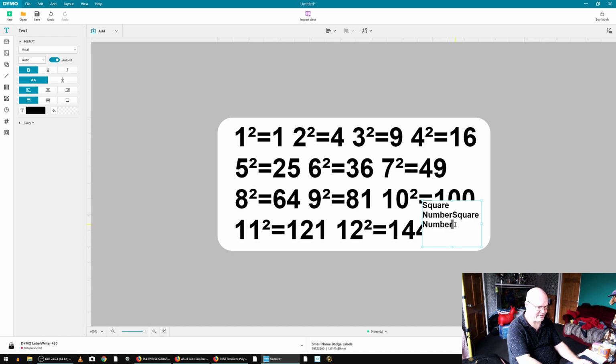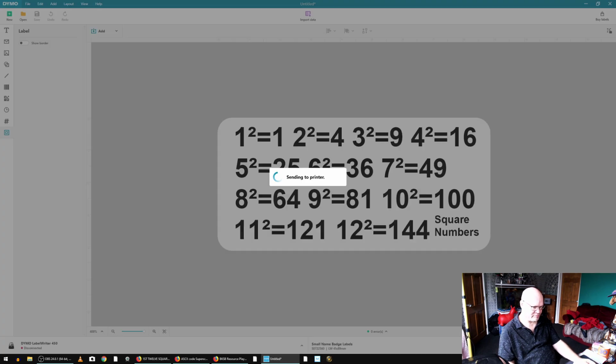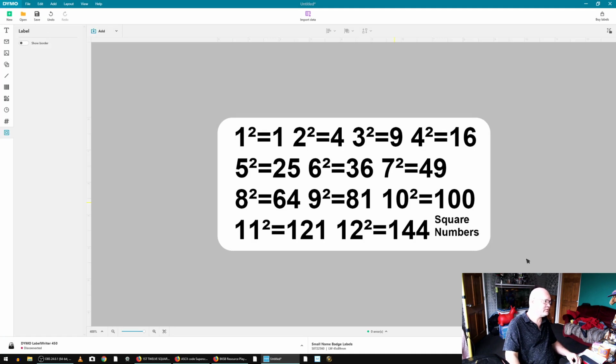We didn't ask for that to be that many times, did we? Right, square numbers. We're having trouble squeezing that in that little gap. Yeah, that's good. Right, let's save that. Oh, we'll print 5 of them out.